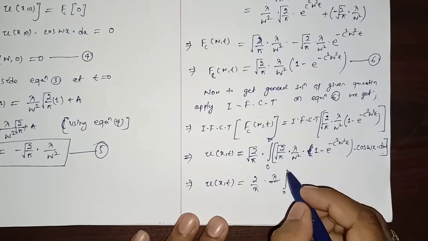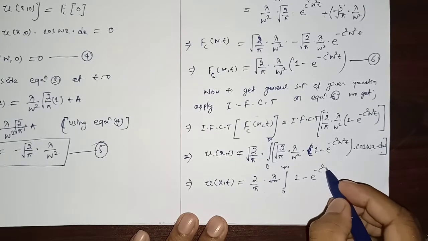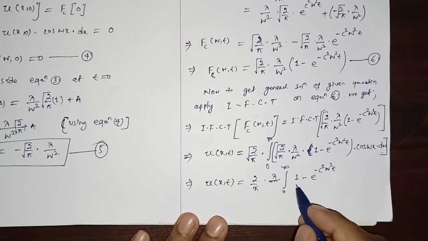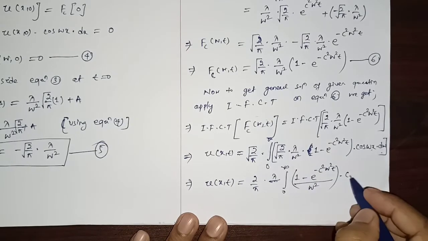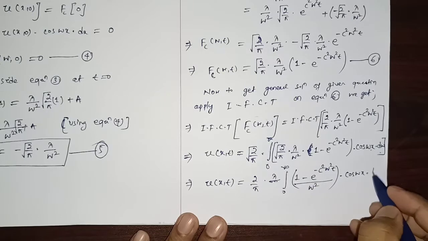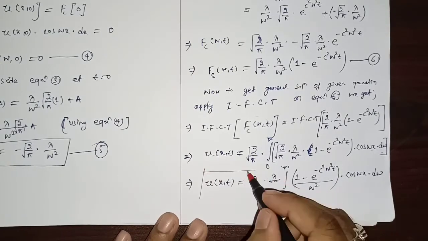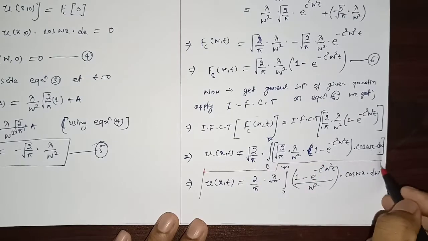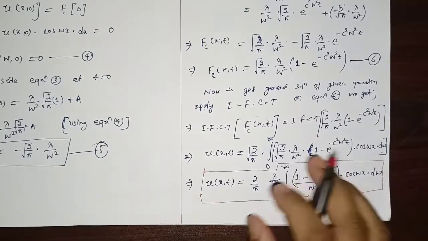So lambda, integral from 0 to infinity of 1 minus e to the power minus c square omega square t by omega square into cos omega x d omega. So this is our required solution of the given question, whatever we have derived in detail.